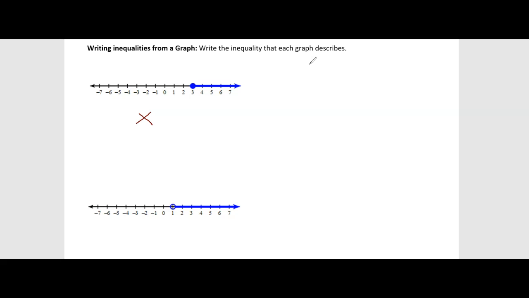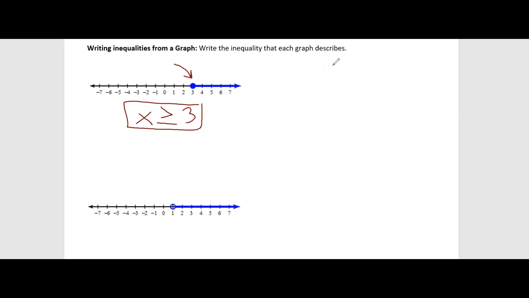In this case, I'm choosing numbers that are greater than or equal to 3. I'm including 3 because there's a closed point, and the numbers are going to the right of 3, which means greater than. So we have x is greater than or equal to 3.